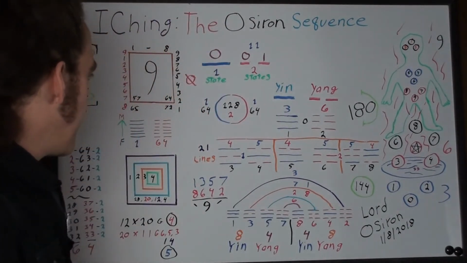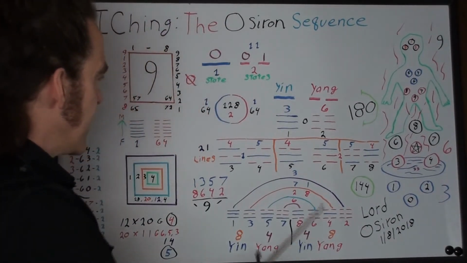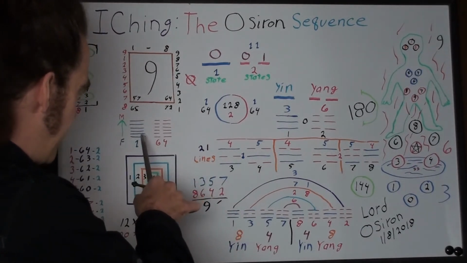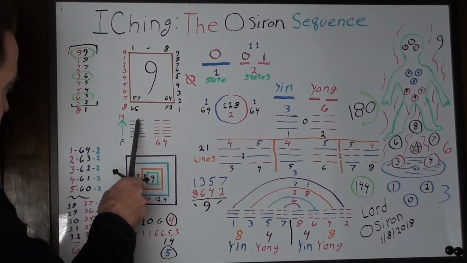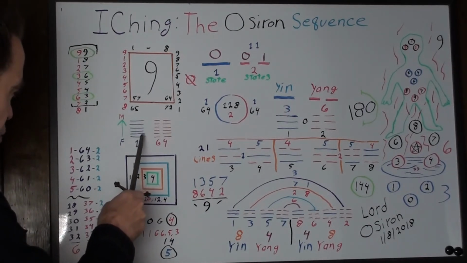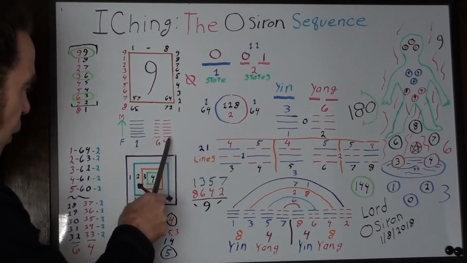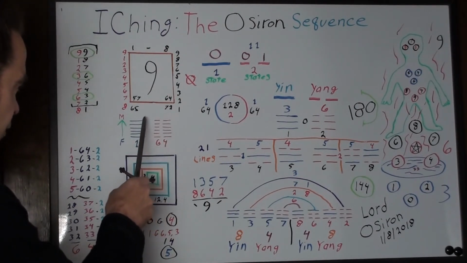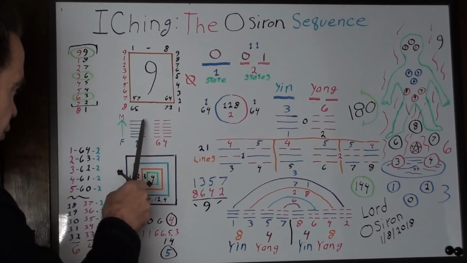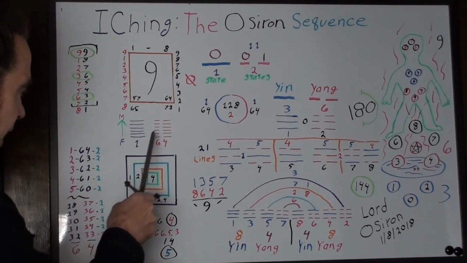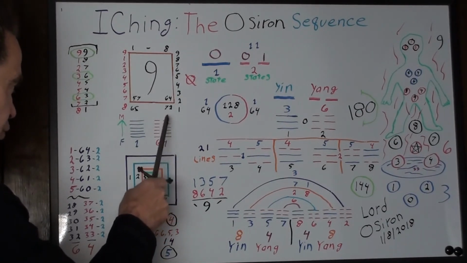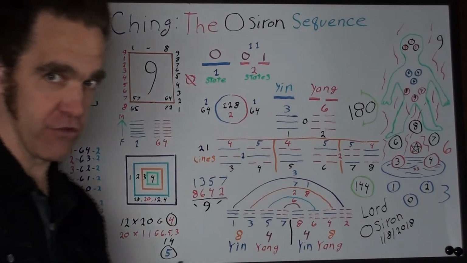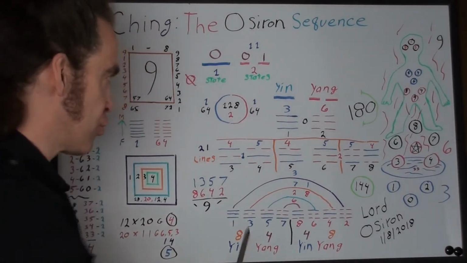If they're using trigrams, right, say it goes broken, solid, broken, solid, broken, solid, okay? They would do the same thing, only go in reverse the other way. So if this is going down, broken, solid, broken, solid, broken, solid, it would do the same exact thing going up the other way. It would go broken, solid, broken, solid, broken, solid, and that's how they would call the reverse. But that's not congruent with this either.